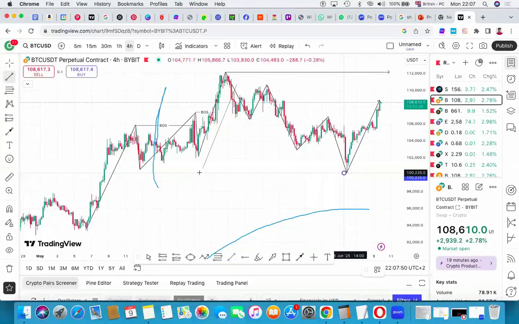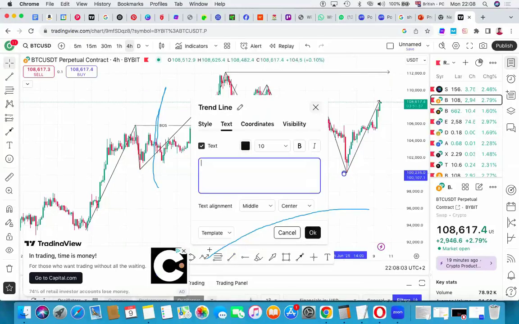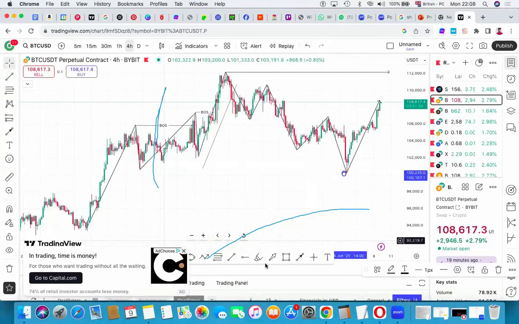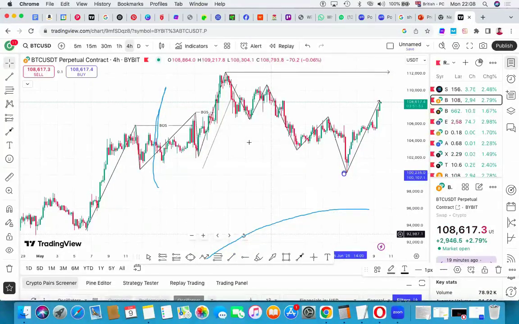We have a break around here. See this, from here we had a break of structure.